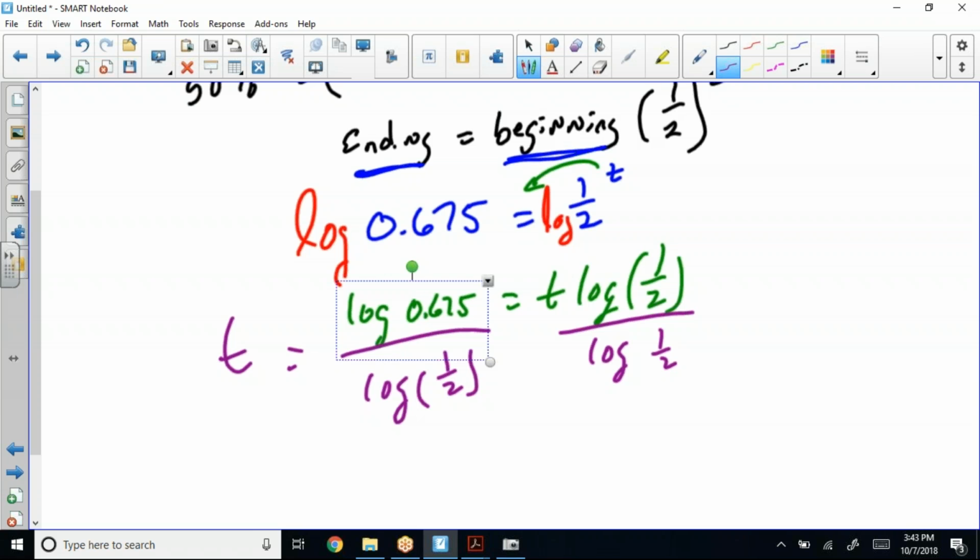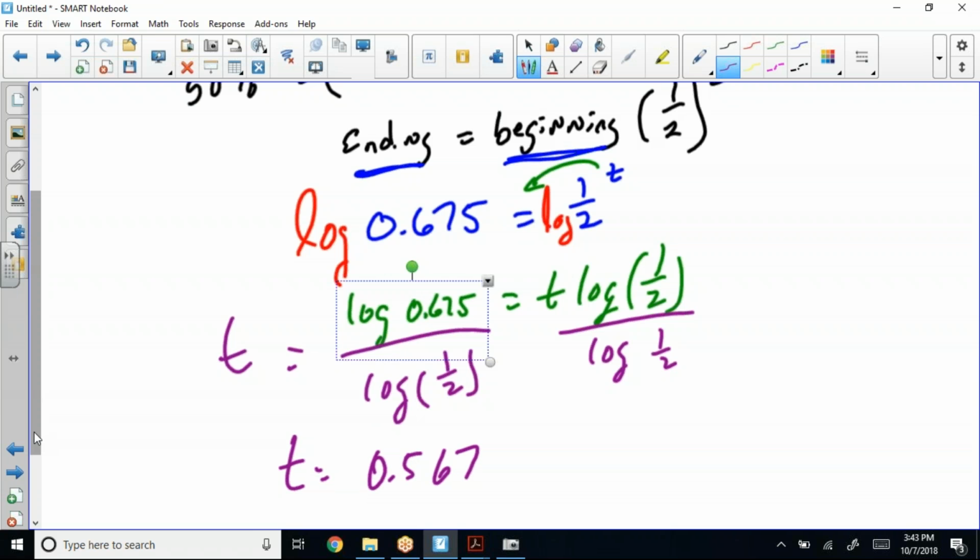Now let's look at this. Log of 0.675 divided by log of half. I got 0.567.